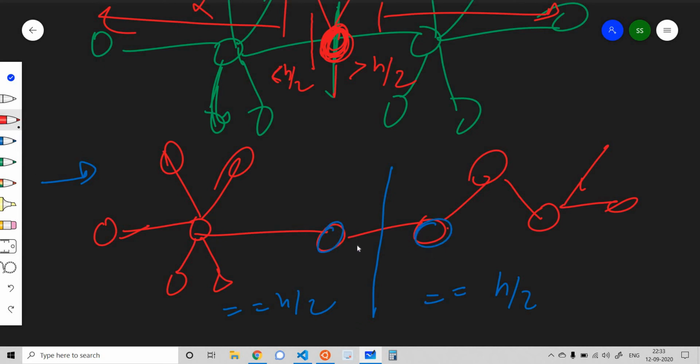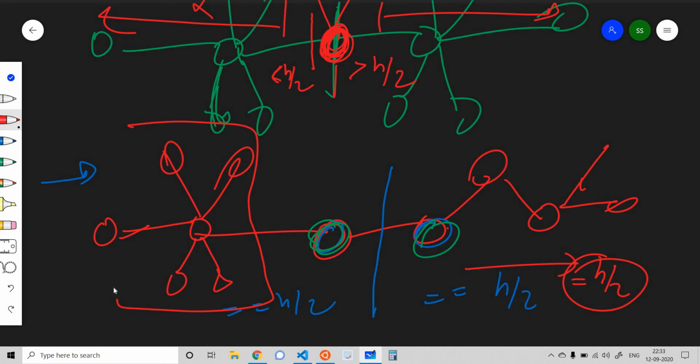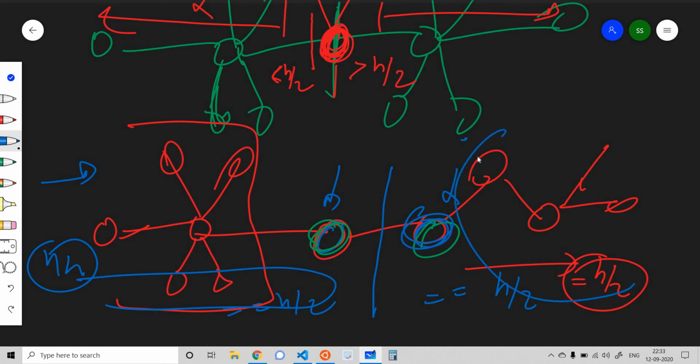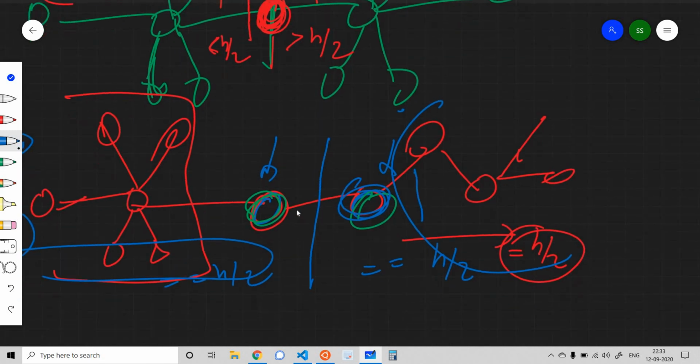In such a scenario, these two nodes would be our centroids, because if we delete this node, then this component would have exactly n by 2 nodes, and we are sure that this would have fewer than n by 2 nodes. And again, if we delete this node, then this component would have n by 2 nodes, which satisfies the property of a centroid, and this would also have fewer than n by 2 nodes. And yes, these two nodes must have an adjacent edge between them.